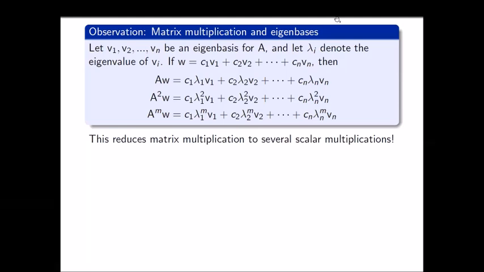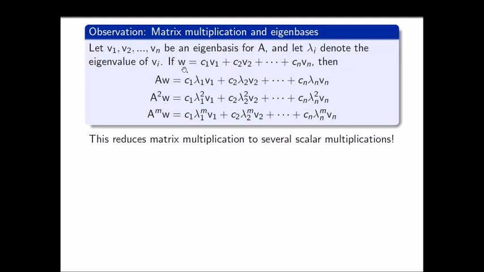Okay, so let's look at an observation relating matrix multiplication and eigenbases. So let V1 through Vn be an eigenbasis for A. That is, these vectors are a basis for Rn, and each of these vectors is also an eigenvector for A with corresponding eigenvalue.